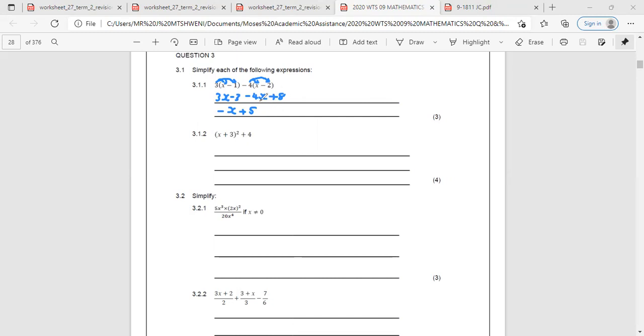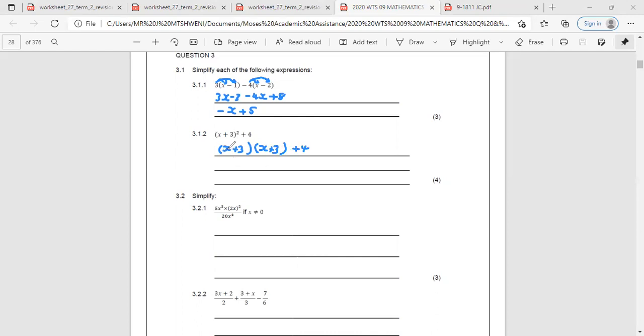Maybe there's a step of grouping and then another step, but this is how you do it. And this one is squared, it's a square bracket. So what do you do? x plus 3, x plus 3.